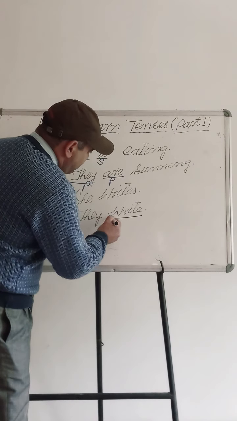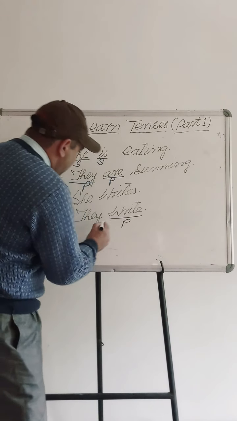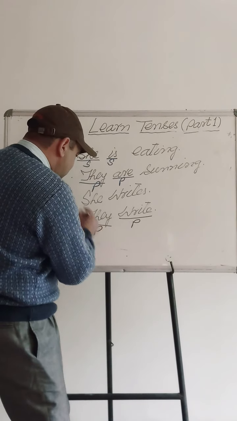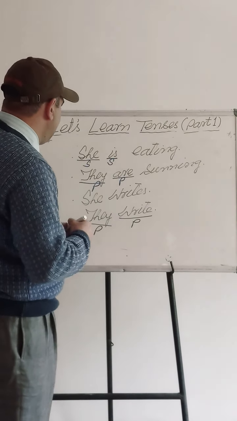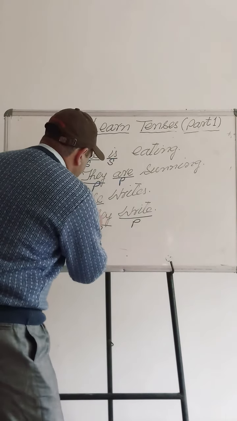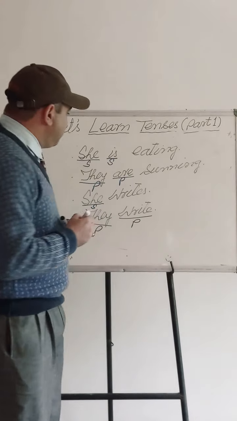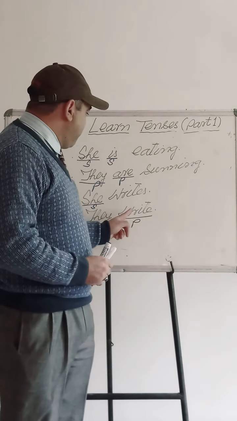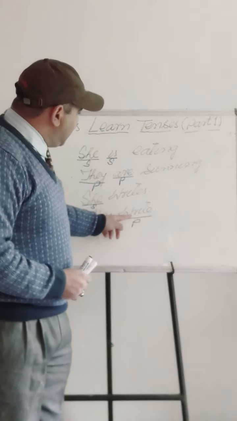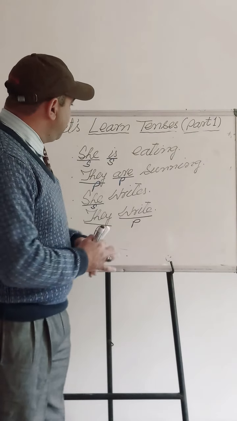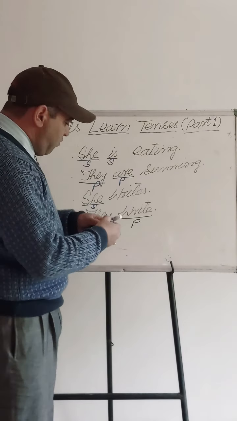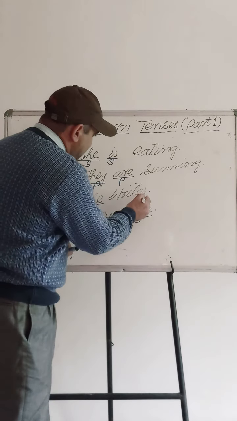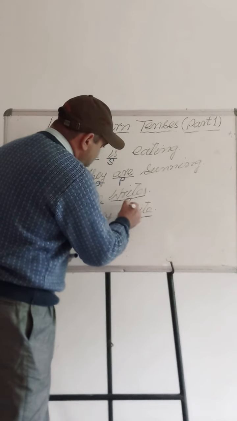Write doesn't end with s, so it is plural and is preceded by a plural subject. But she is singular, so we have converted the verb write into singular form by suffixing s at its end.